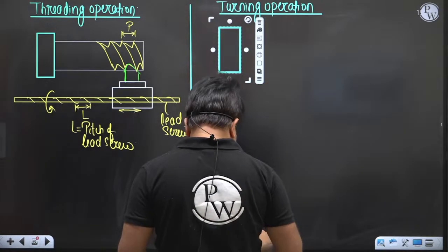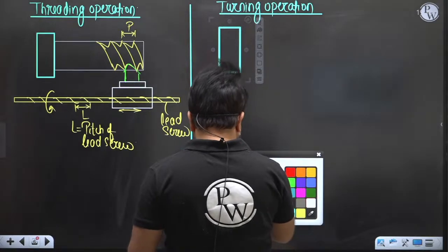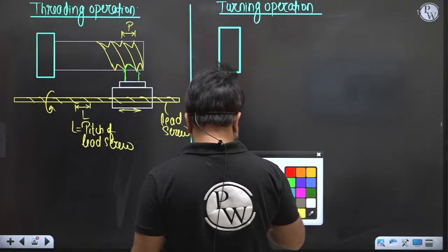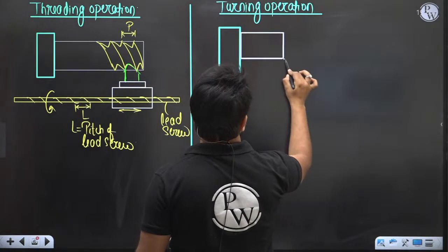But let's say you are doing only a turning operation. This is again a work holding device, and this is my workpiece.